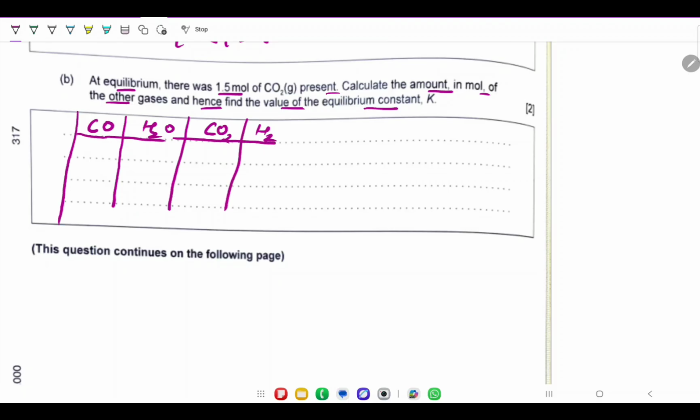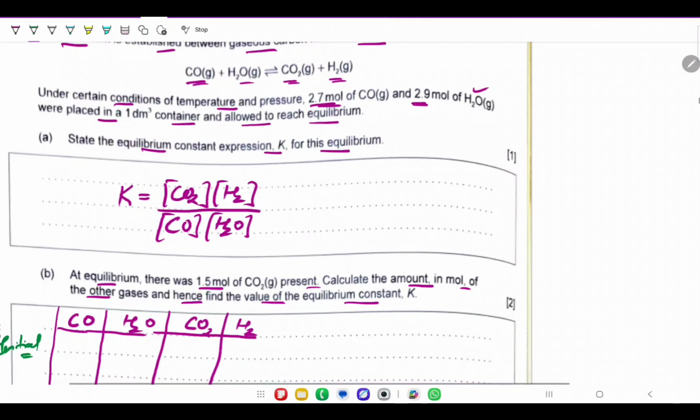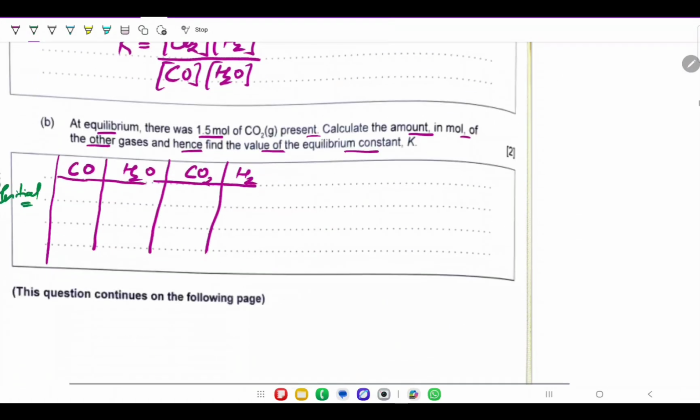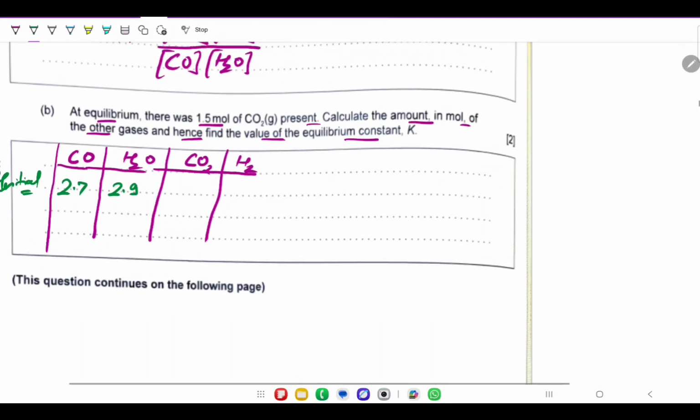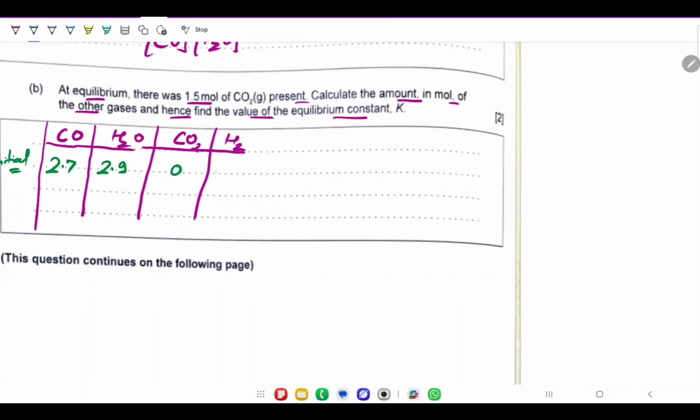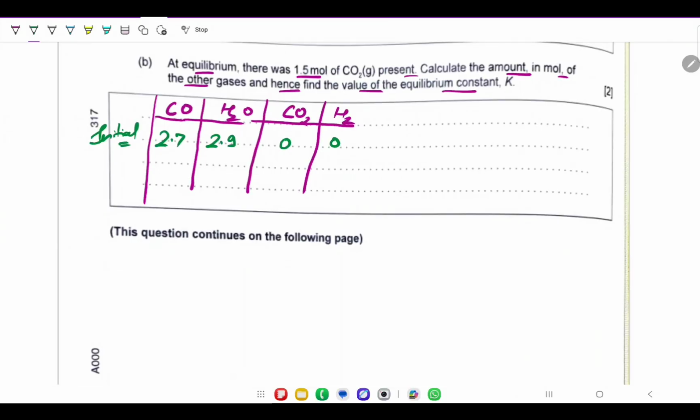Initial amounts given to us are 2.7 mole of carbon monoxide and 2.9 mole of H2O. Initially the CO2 and H2 should be 0 because it is the initial concentration.